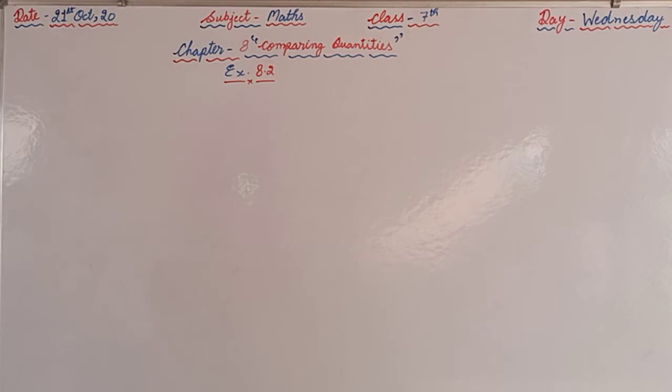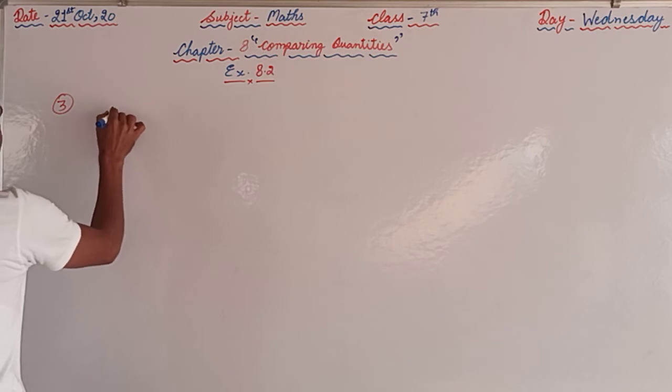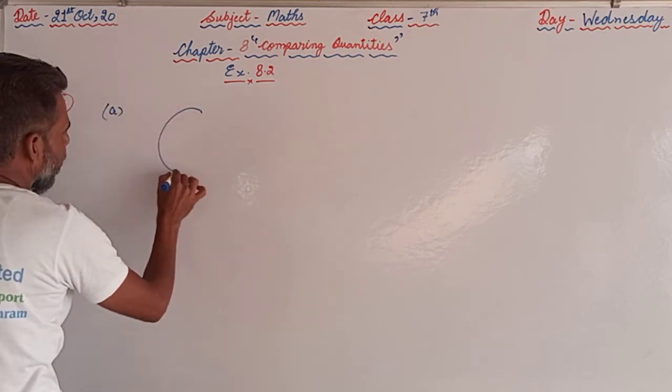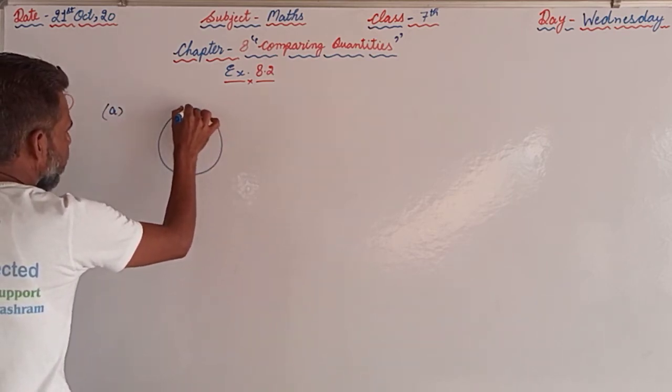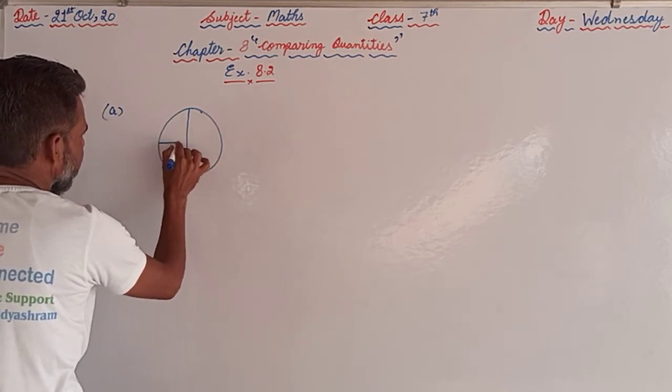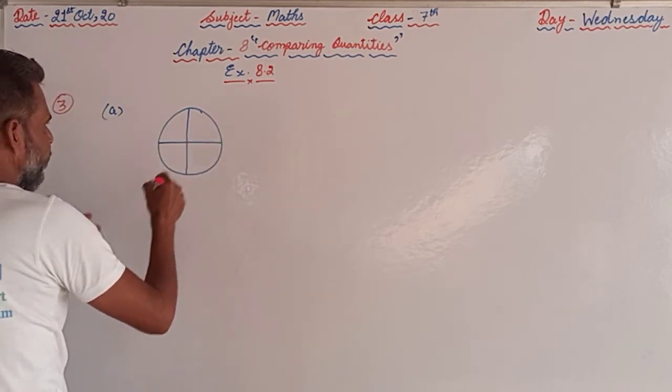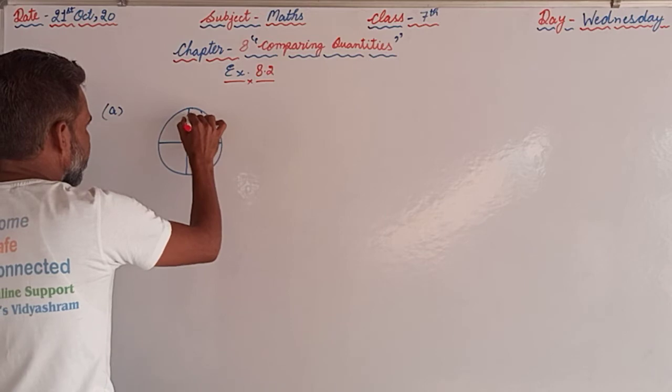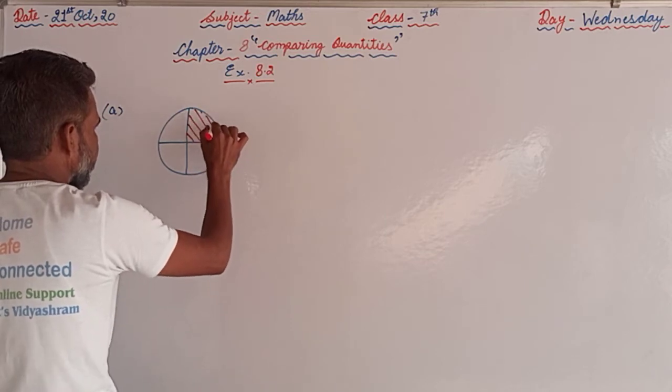So the first diagram is like that. Question number 3, part A. The diagram is like that, and this has been shaded.